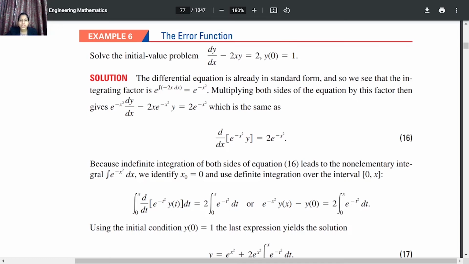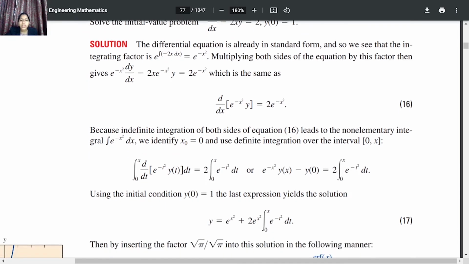So we can substitute it and we'll get the solution to be y is equal to e raised to x square, taking y of 0 equal to 1 on the other side and dividing throughout by e raised to x square. Okay, so we get e raised to x square plus 2 into e raised to x square integral 0 to x e raised to minus t square dt. This is the solution of the differential equation.